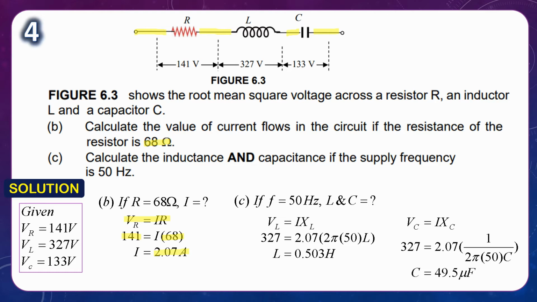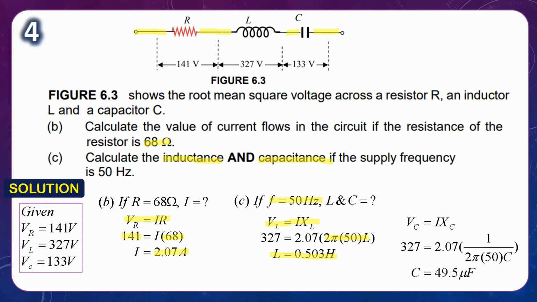For question 4c, we need to calculate the inductance and capacitance if the supply frequency is 50 Hz. The given information is the frequency. To calculate the inductance, we use the equation VL equals I XL, where XL is 2 pi f L. We substitute all the values and get the inductance equal to 0.503 Henry.